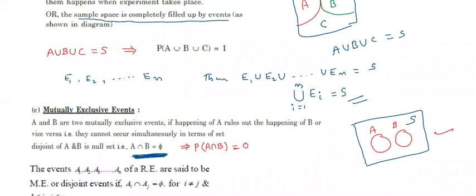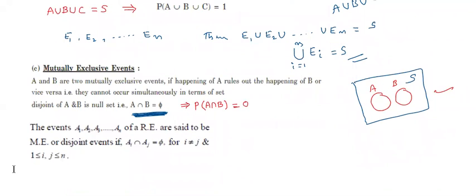In this case, we will say that A and B are mutually exclusive events. Now theoretically, see the definition. A and B are two mutually exclusive events if the happening of A rules out the happening of B, or vice versa. They cannot occur simultaneously. In terms of sets, we say A and B are disjoint. Disjoint means the intersection is the null set.